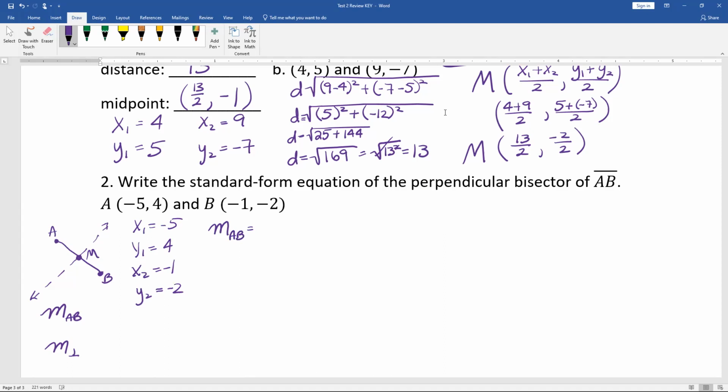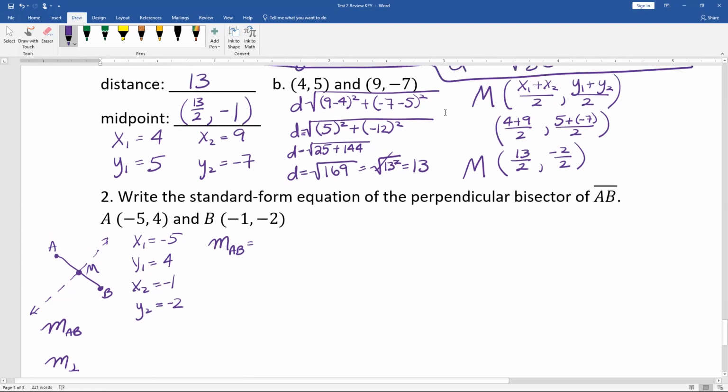And what's our slope equation? Rise over run. So rise involves our y's, the difference in y, so y2 minus y1.